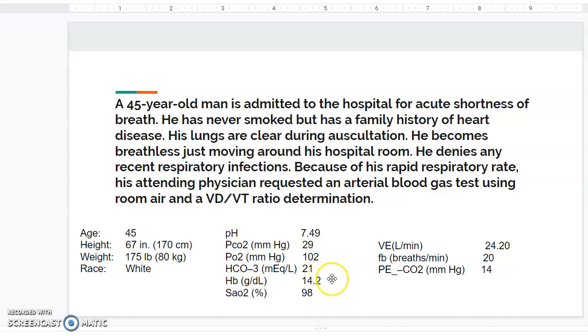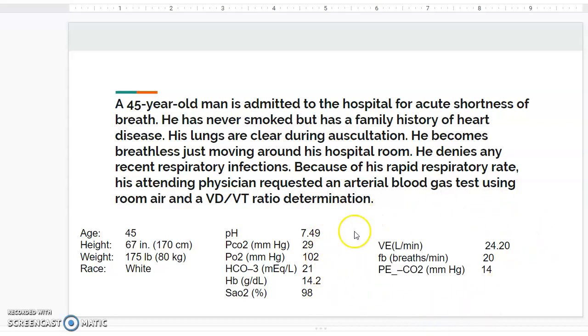Bicarb is 21. Hemoglobin is 14.2 with an SaO2 of 98%. So if we were to interpret this blood gas, we would call it compensated respiratory alkalosis, because our bicarb is 21 with hyperoxia.